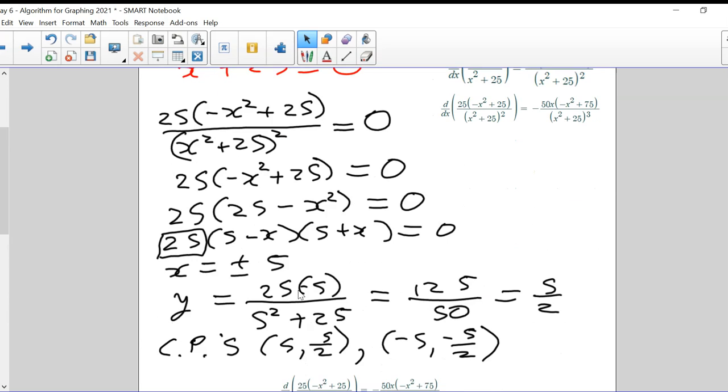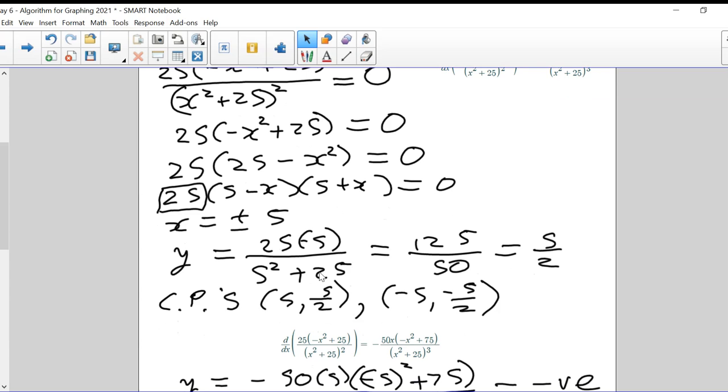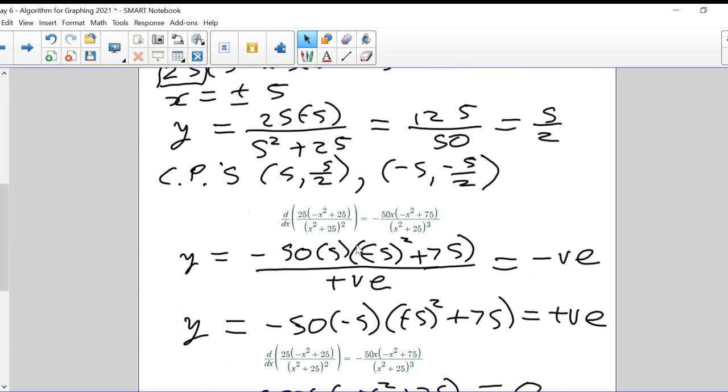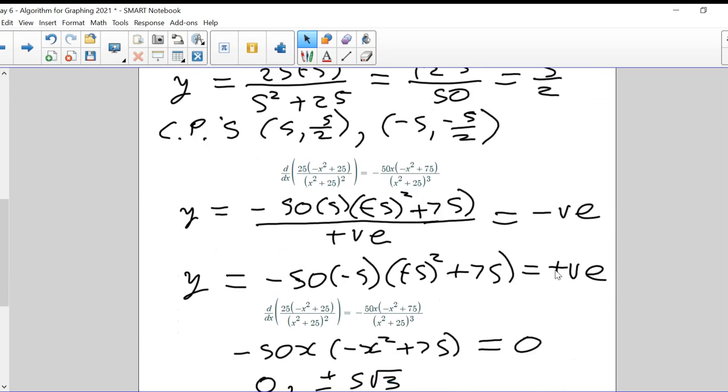What did we do with it then? We found the y values. Then we put it into the second derivative, and that's when we knew it was either a min or a max. It's the other test.